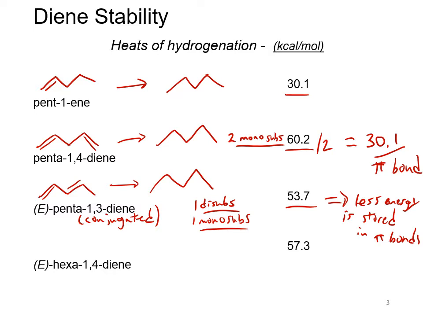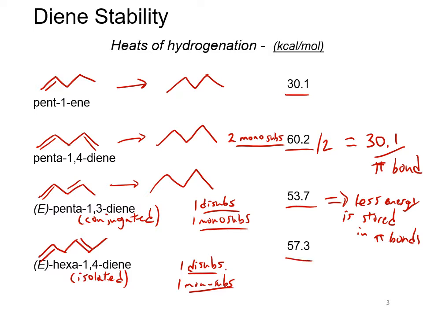So to see if that's important or not, we could do the experiment once again with E-hexa-1,4-diene, which is now an isolated diene that has one disubstituted alkene and one monosubstituted alkene. And what do we see here?